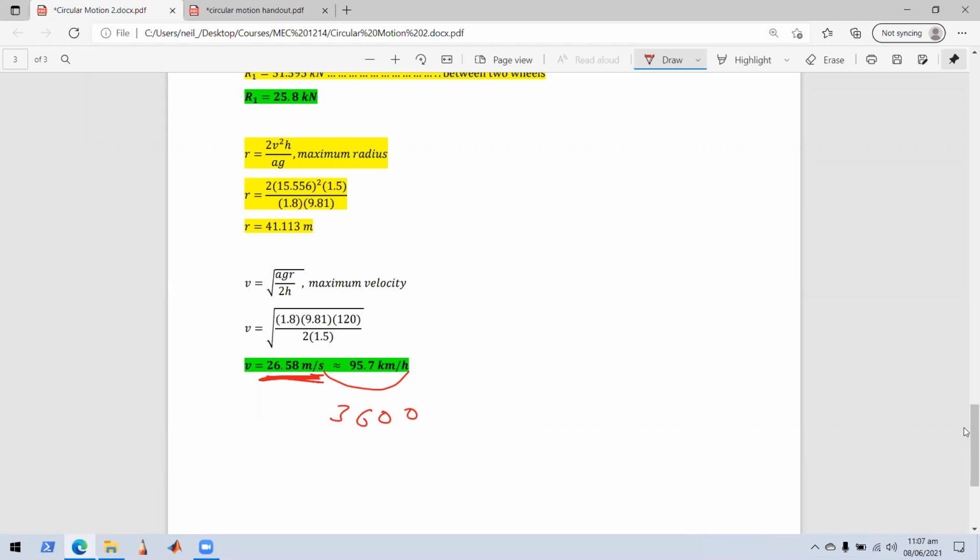Now the distance traveled is no longer in meters, it's in kilometers. So 1 meter is equal to 1 divided by 1,000 kilometers. So we divide this by 1,000, which gives 3.6. So we can just multiply this by 3.6 and we get this. We're converting units.